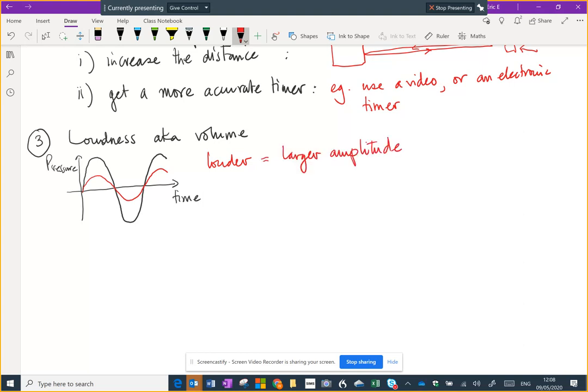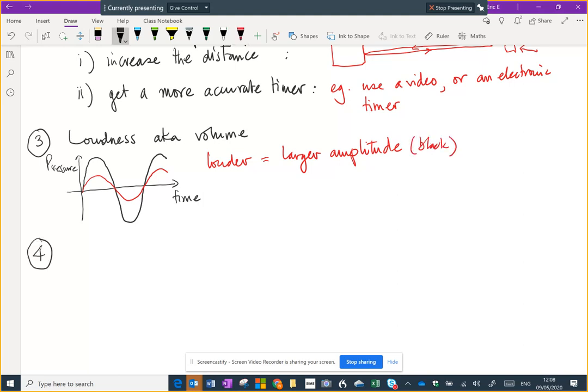So curiously, I've got the colors mixed up. The larger sound, the louder sound is in black. So there we go, that's louder. We've got two more things to do, so hang on in there and then we'll have questions.